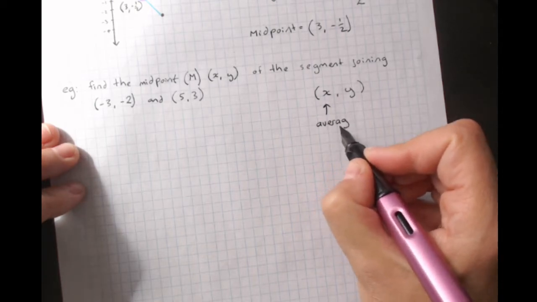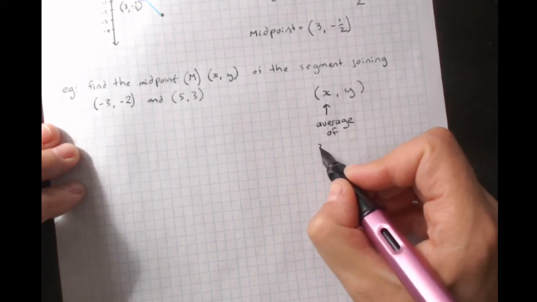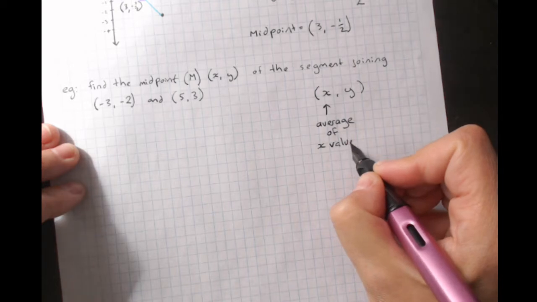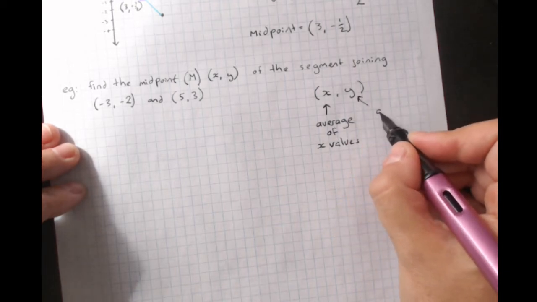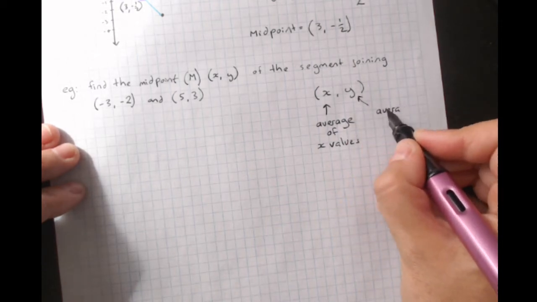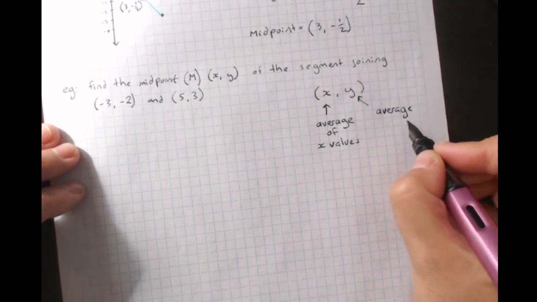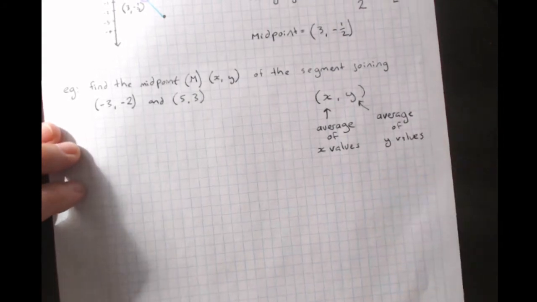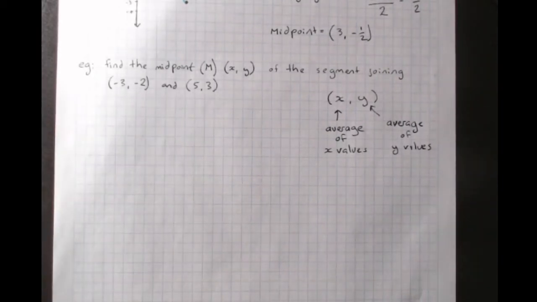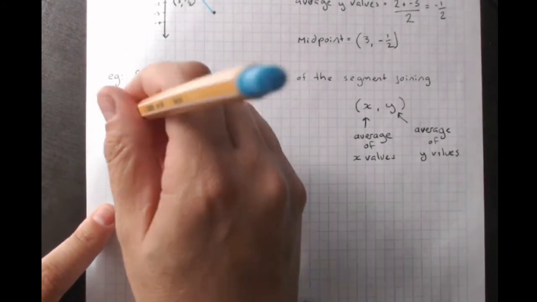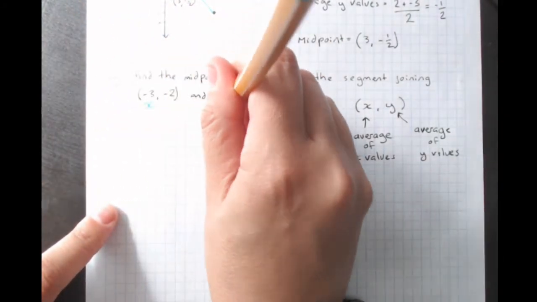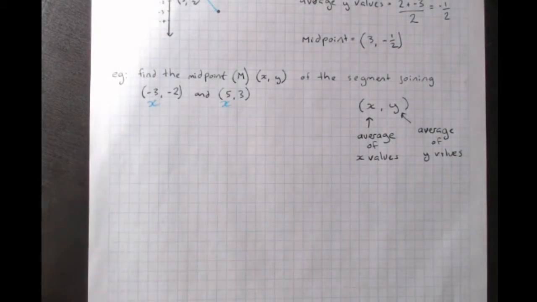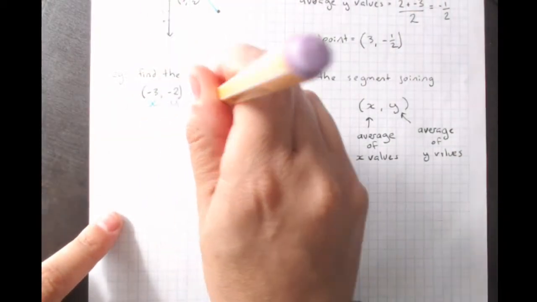That will be the average of the x values, and the y will be the average of the y values. So it's a good idea to label. Your x values come first, your y values the second ones.